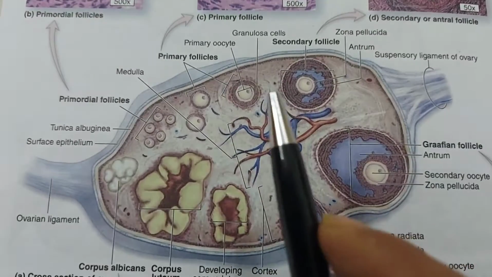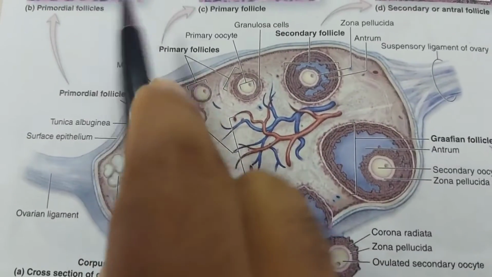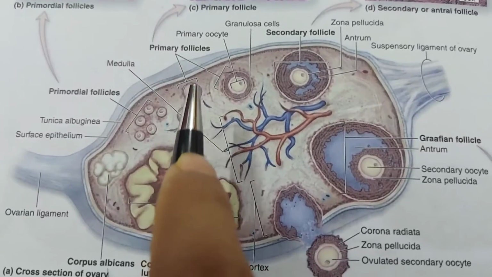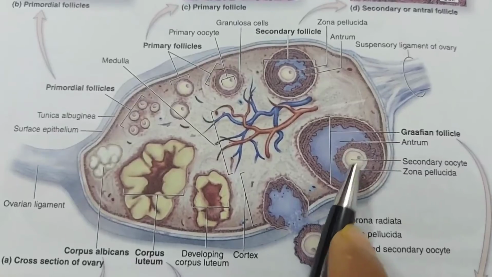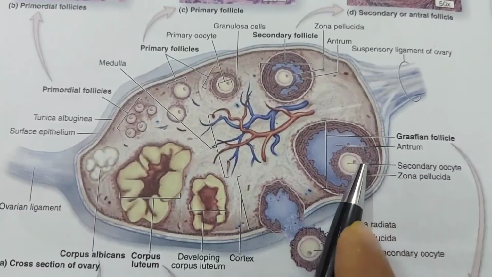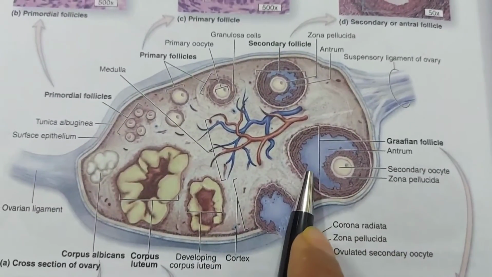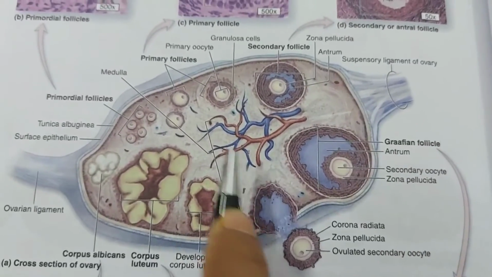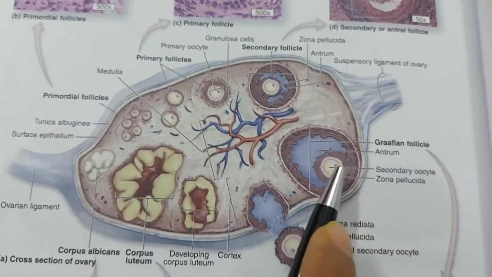So I think the confusion about the primary follicle, secondary follicle, Graafian follicle, and about the primary oocyte and secondary oocyte is now clear. The secondary oocyte is the haploid gonadal cell. This haploid cell unites with the sperm in the process of fertilization to form the diploid zygote.